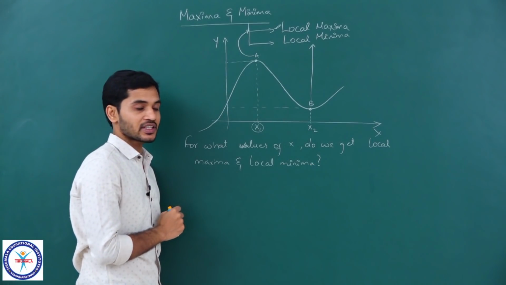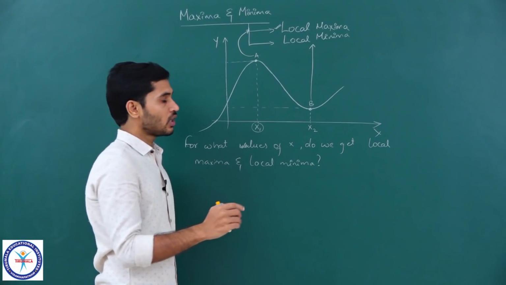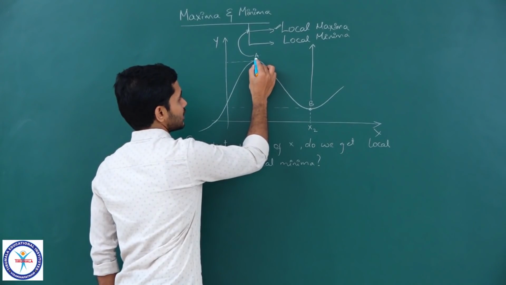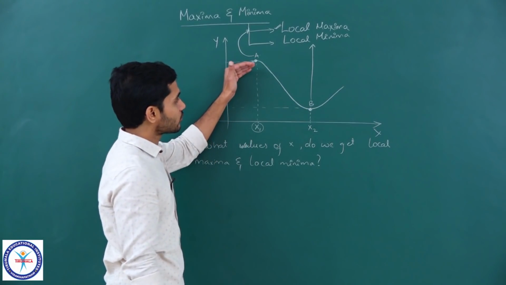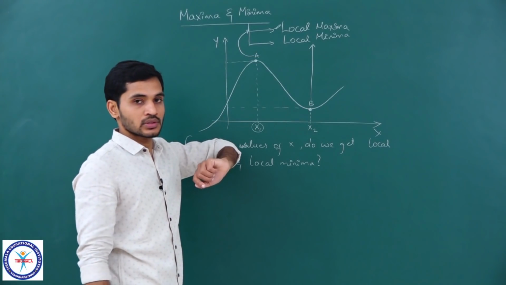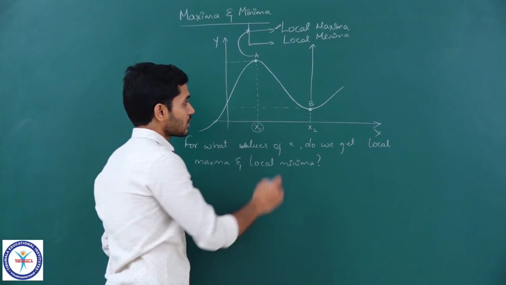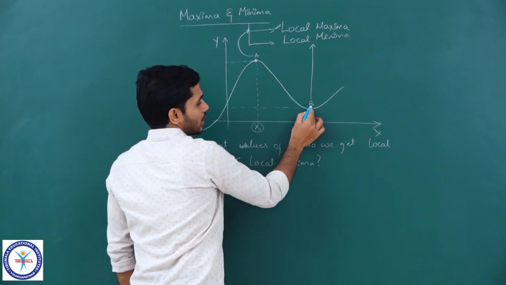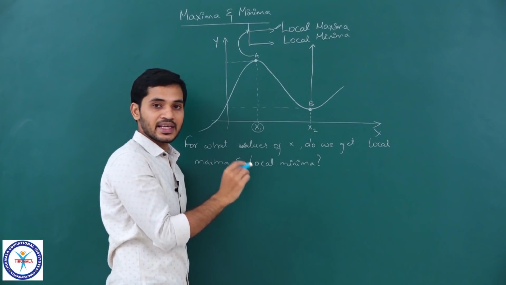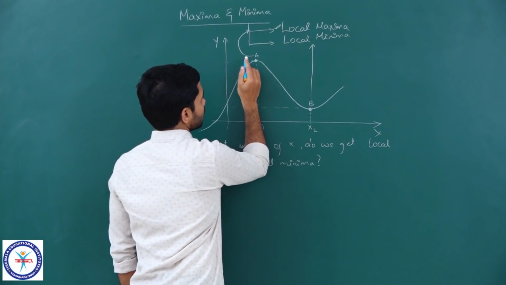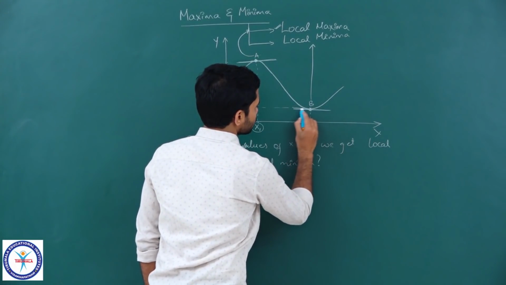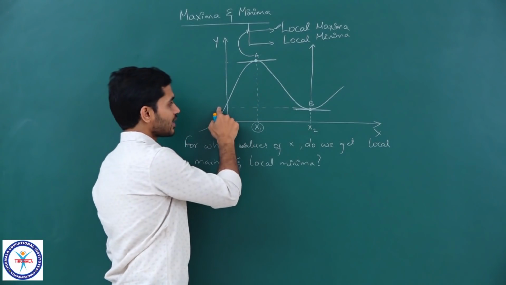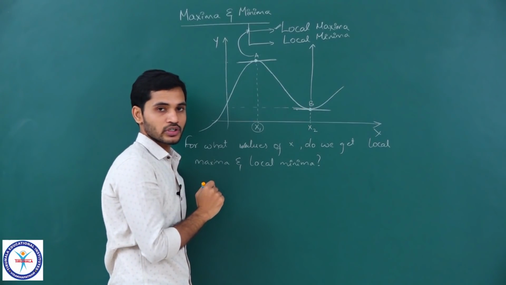How do I identify that? What is one feature which is common for this maxima and this minima? The common factor is that at A and B, if you draw the tangent to the curve, the tangent would be horizontal. You observe that? Nowhere else is the tangent horizontal, correct?